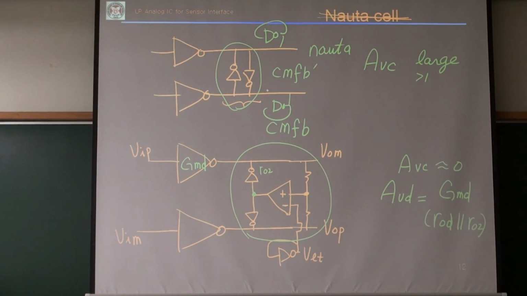I don't know whether you can apply this one here. Say you can apply this one here to increase common mode gain or with a CMFB. Okay, I didn't try yet. So this is the second approach. So for this second approach, there are two kinds.